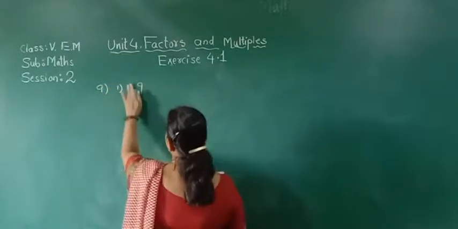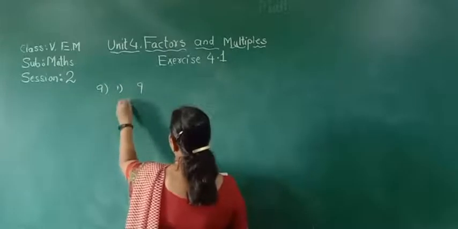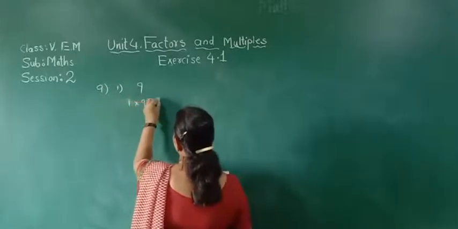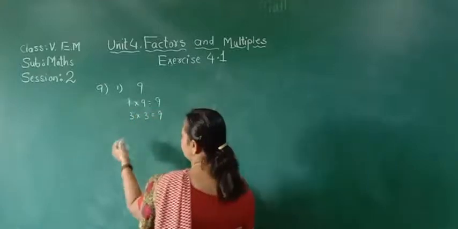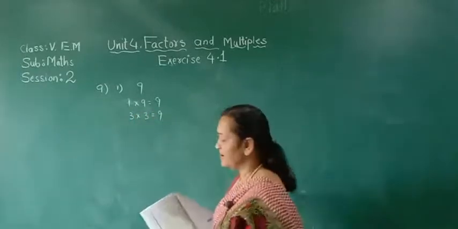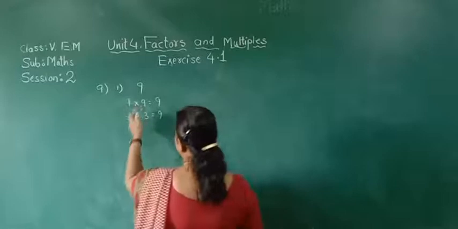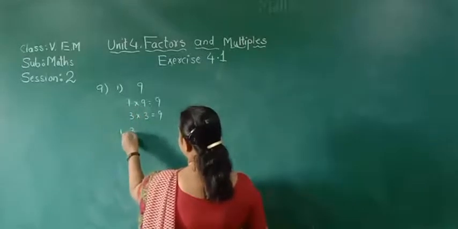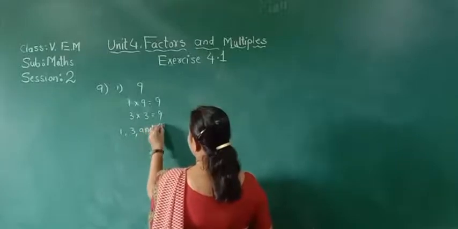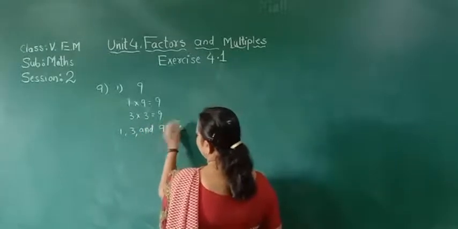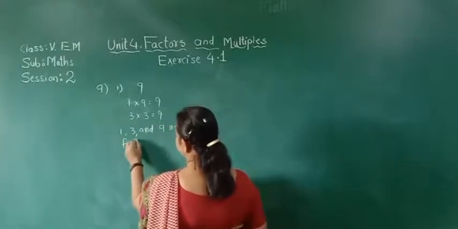So where we find 9? 1 9s are 9. Then 3 3s are 9, isn't it? Then 9 1s are 9 again. So here 1, 3 and 9 are factors of 9.